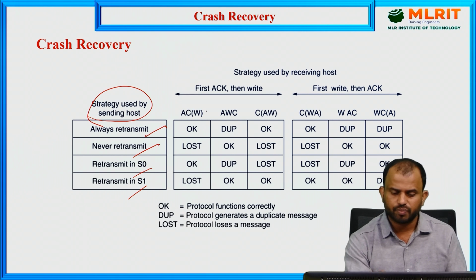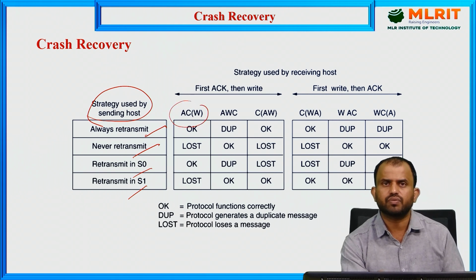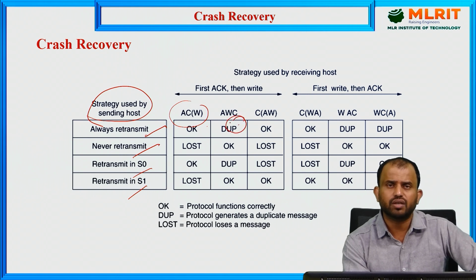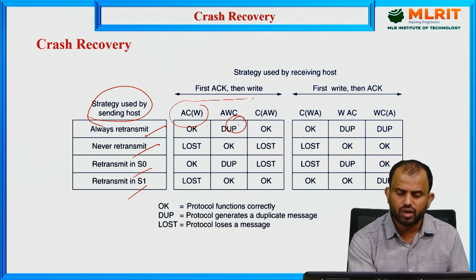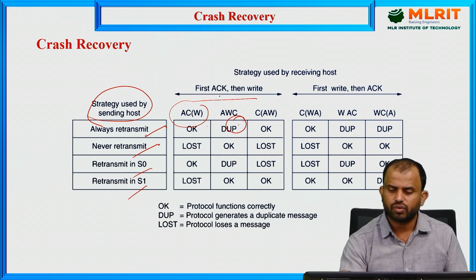When you see this, you get an acknowledgement kind of service. With acknowledgement, information may be lost or duplicated. So what strategy does the receiving point use? First acknowledge, then write; or first write, then acknowledge.